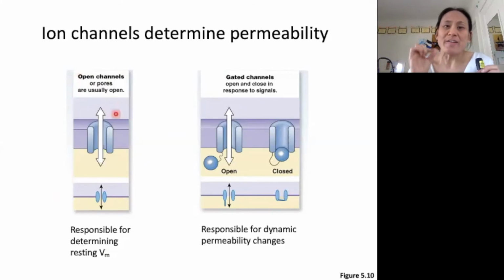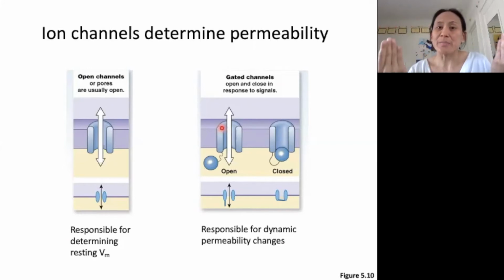The generation of electrical signals within an excitable cell type such as neurons is governed by gated channels. So we have these channels that can open or close under different conditions in response to certain stimuli. When those channels open and close, they're changing the permeability of the cell membrane to whatever ions go through them.